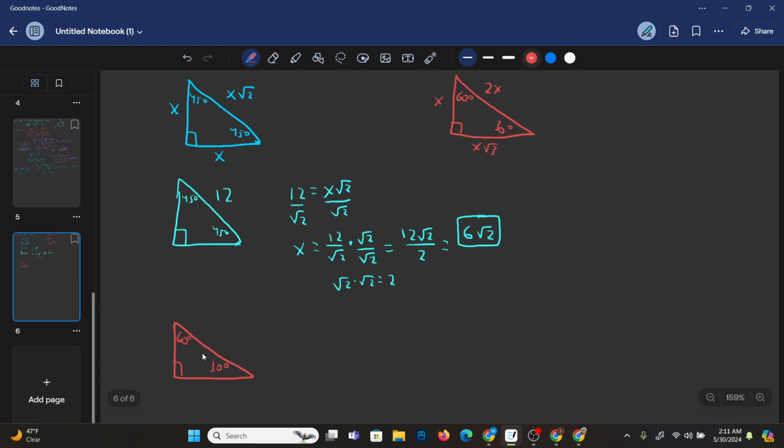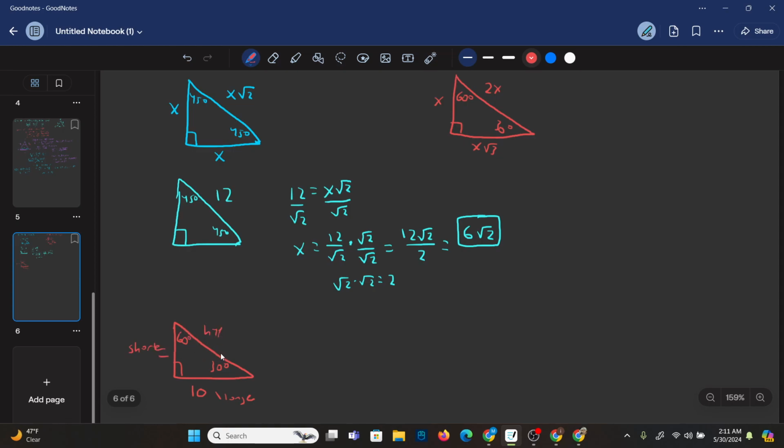And we have this longer leg with a 10. So this is the longer leg. This is the shorter leg. And this is the hypotenuse.